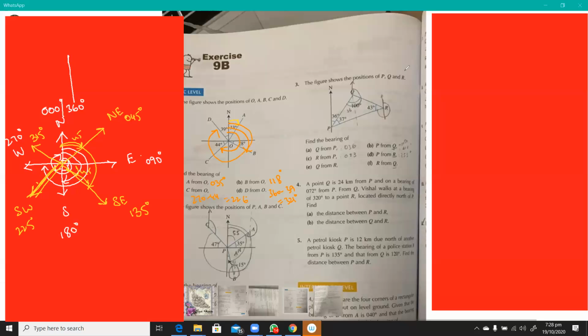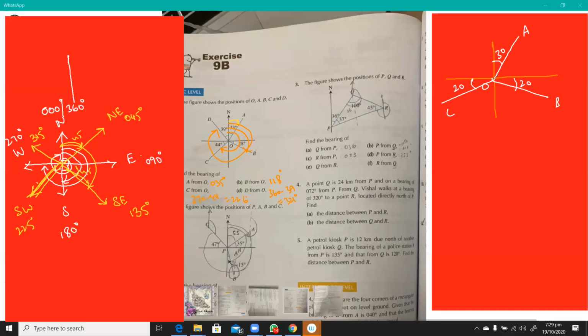Now suppose I draw this here again, like this. Let me say this is 30 degrees. This is your A. This is O. This one is 20 degrees. And this is another 20 degrees, C over here.